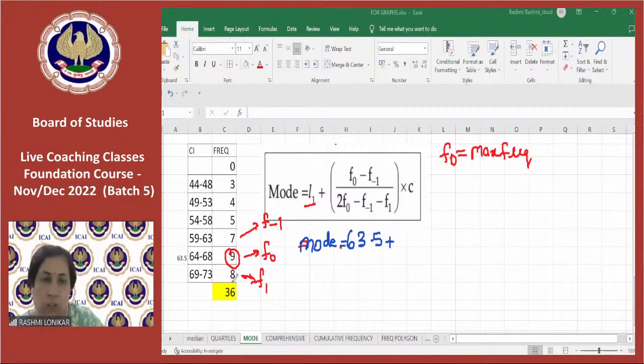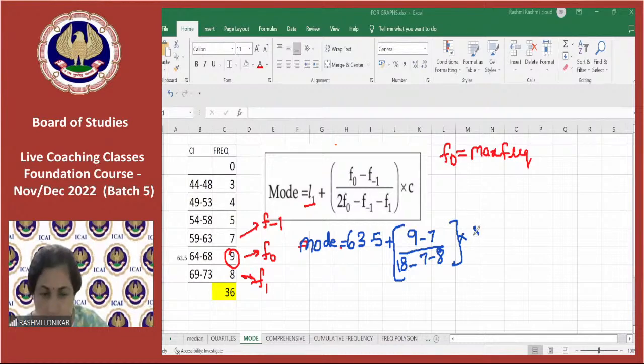Okay, always make sure that you have this kind of distribution. You find the class boundary 63.5 plus F0 is 9 minus 7, because F of minus 1 is 7, upon 2 times F0, 2 times 9, that is 18, minus 7 minus 8, into C. C is 5.